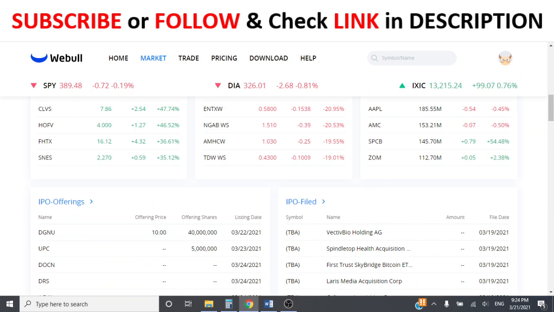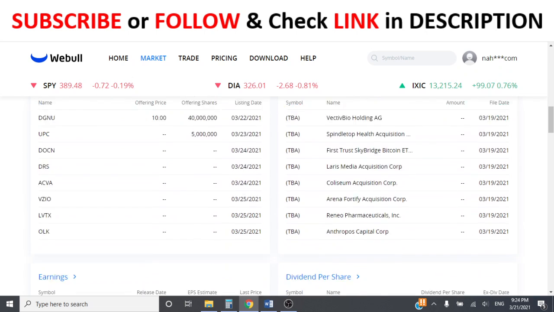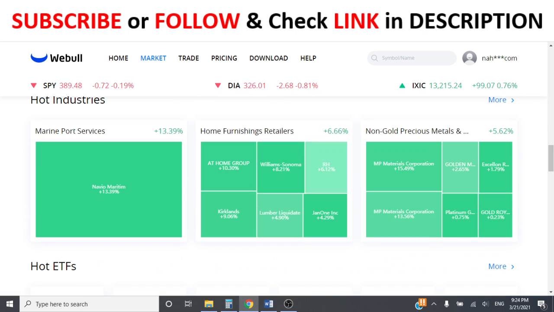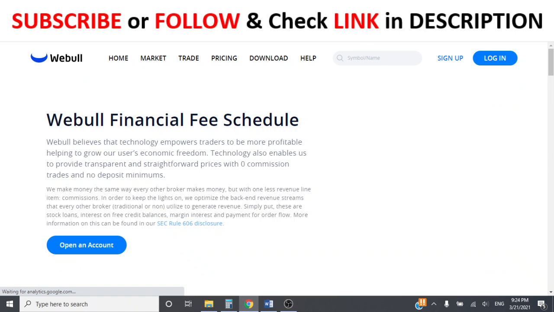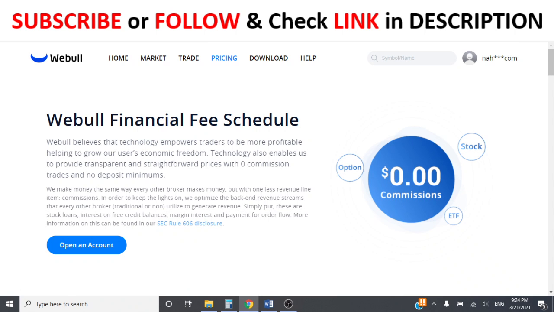Here, that's just a page about the market, but all of these details are on their app as well, which I'm gonna go over. If you click on trade, you're gonna go to their web app, web page that you can trade from. We'll go over that later. But here's the pricing. It's $0 commissions for options, stocks, and ETFs.